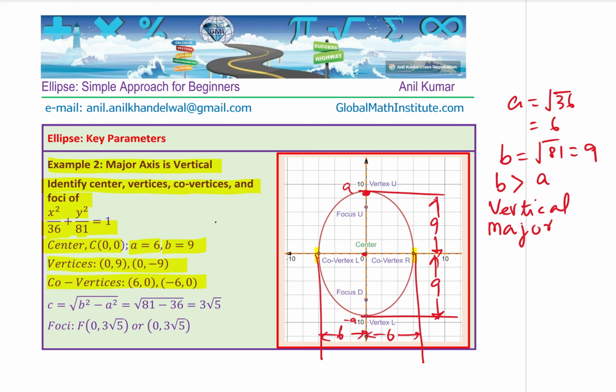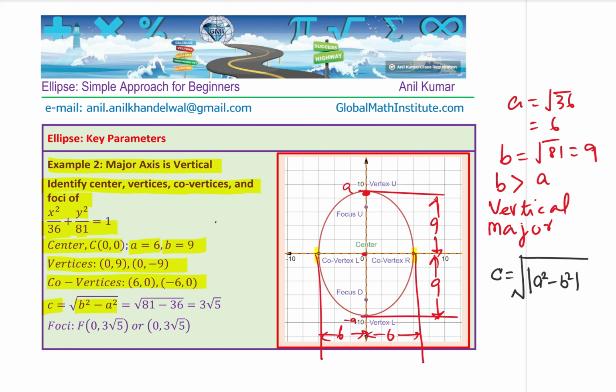Next thing which you have to do is find the value of c, which is the square root of the difference between the denominators, b squared minus a squared this time. And so you get 81 minus 36, which gives 3 square root 5. So in general, you can always write c as equal to the square root of the absolute value of a squared minus b squared.